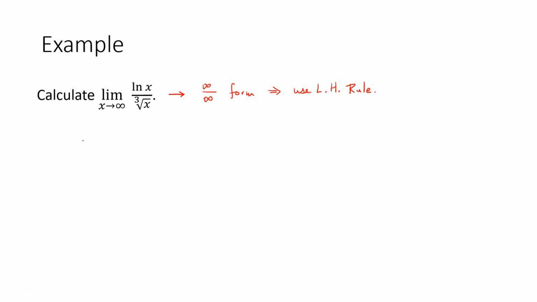So taking the derivative of the numerator and denominator, again we know the derivative of ln of x was 1 over x. And the derivative of the cube root of x, well, let's think of that as x to the 1/3 power. So thinking of it this way, the derivative will be 1/3 x to the negative 2/3.